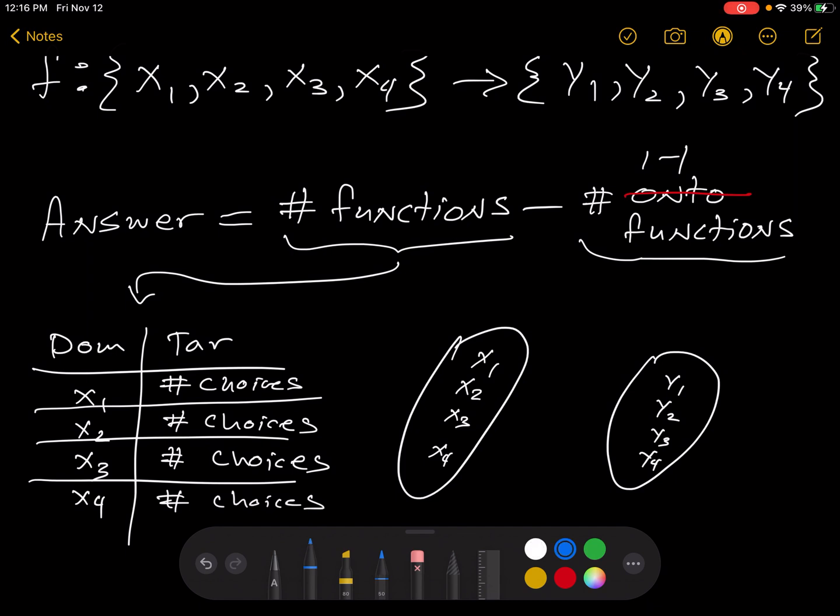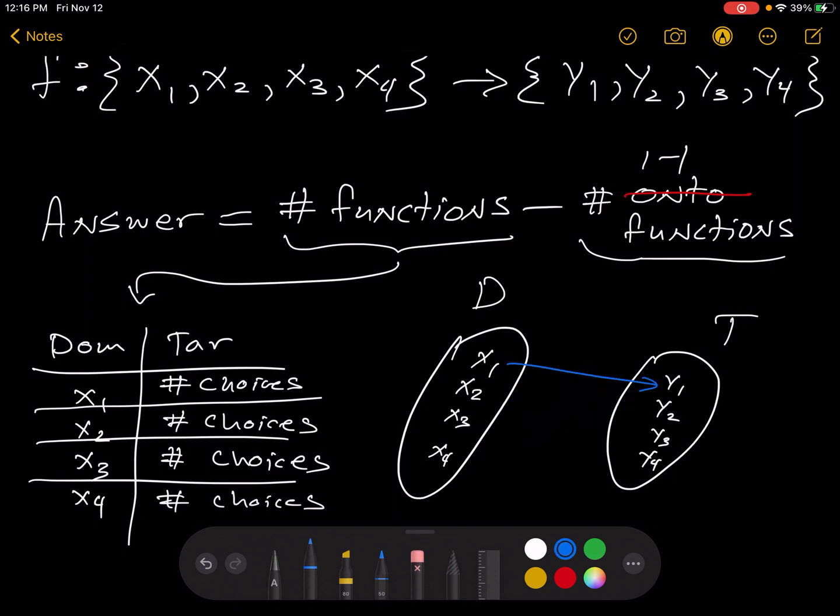But one thing I will show you is that remember that a function from our domain to our target could have everything going to y1. That's okay. That's still a function.